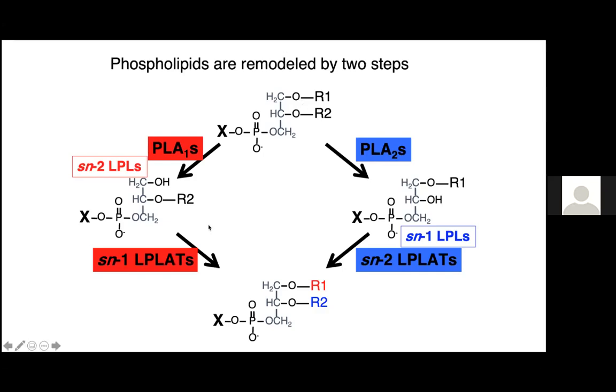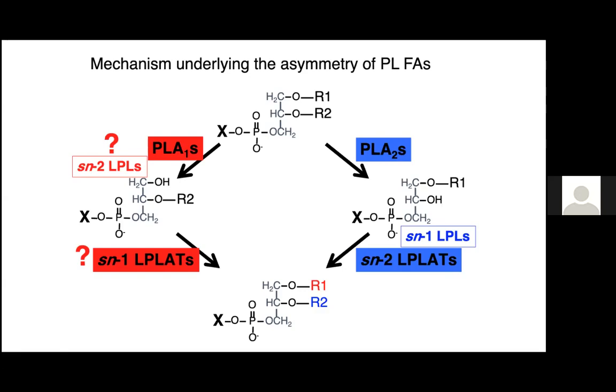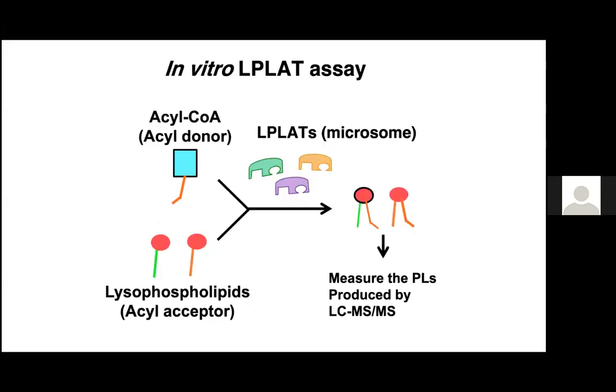However, the nature of the enzyme involved in the remodeling at the SN1 position has remained to be solved. In particular, molecular details of both PLA1 and the SN1 LPLATs have not been well understood. In this slide, a commonly used lysophospholipid acyltransferase assay method is shown.